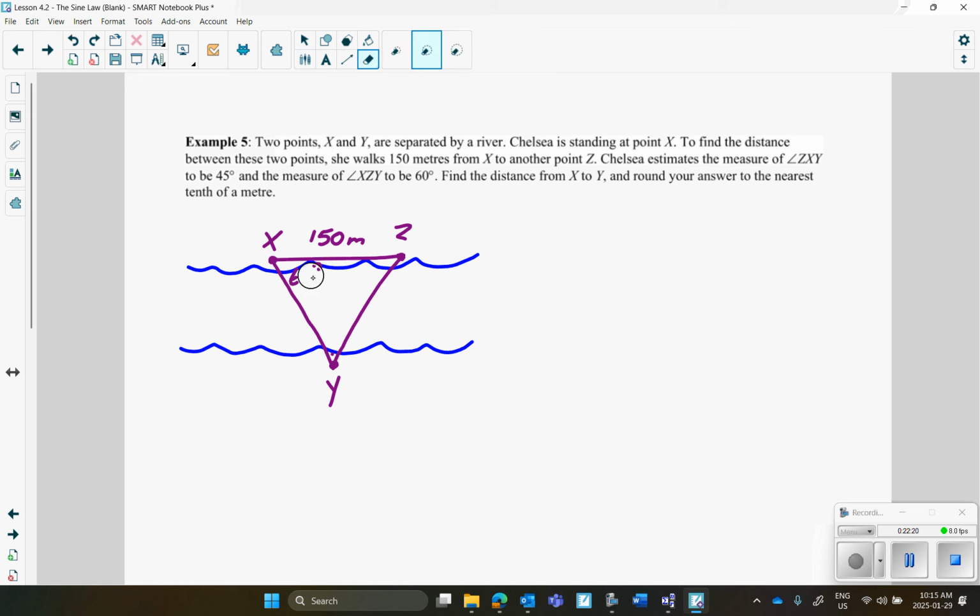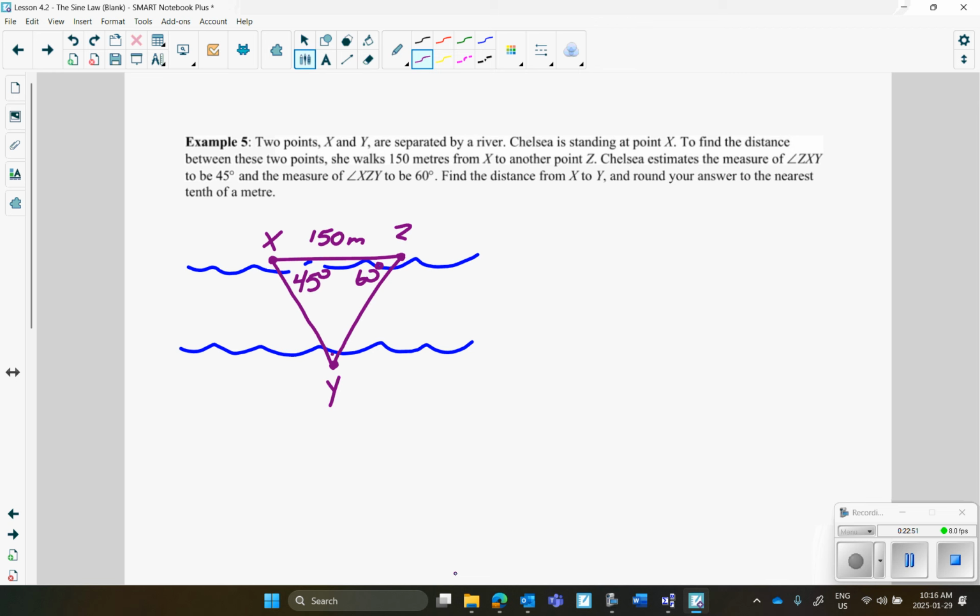I'm mistaken. This is 45 degrees. That's ZXY, yes. And XZY is 60 degrees. So we need to find the distance from X to Y, not from Z to Y, from where she was originally. Because she walked this amount, she measured two angles and formed a triangle.